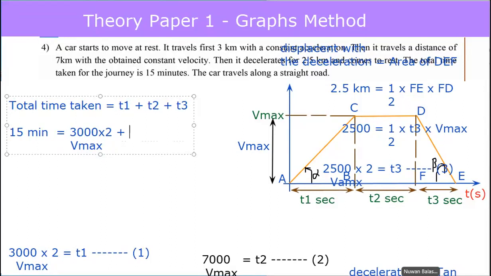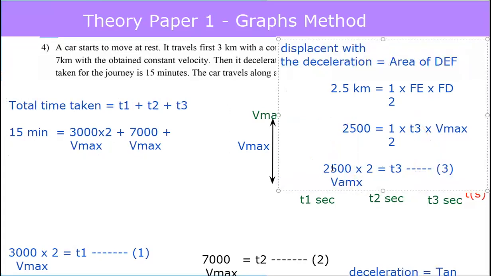T2 is, second equation, 7000 divided by Vmax. And the third expression, T3, is 2500 times 2 divided by Vmax.